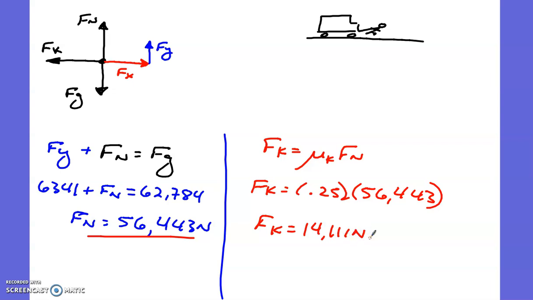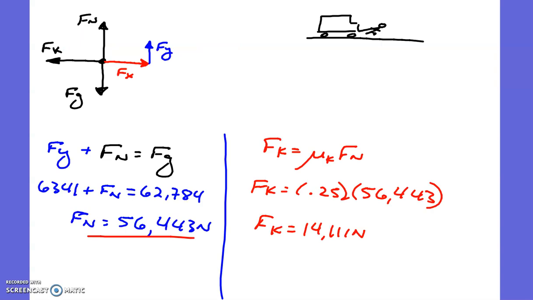Now remember, our main objective here is to solve for the acceleration. So now we're going to say that the total force, now this is only in the horizontal direction, the x direction, is equal to the mass times the acceleration. Now the forces in the x direction, we have Fx and Fk. Fx is to the right, so it is positive, and Fk is to the left, so it is negative.